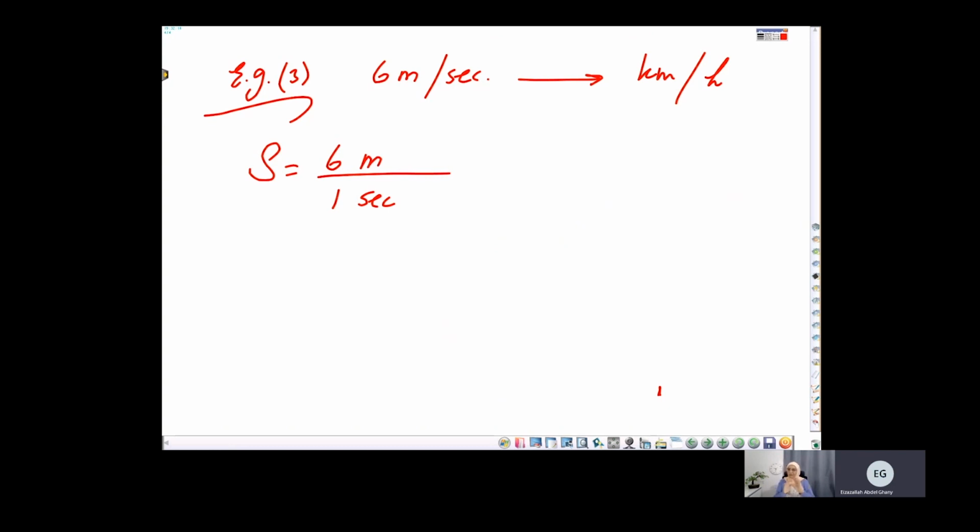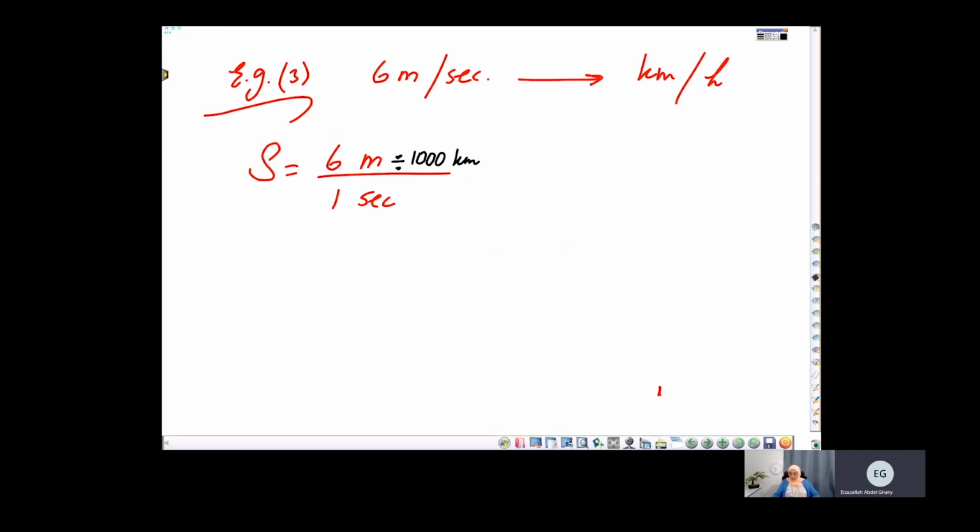From meter to kilometer. Only consider the distance now, which is the numerator. To convert 6 meter to kilometer, it is small to big, divided by 1000. So it will be measured in kilometer now. Yes, kilometer, 1000 meter. But small to big, divided by, even for the denominator.